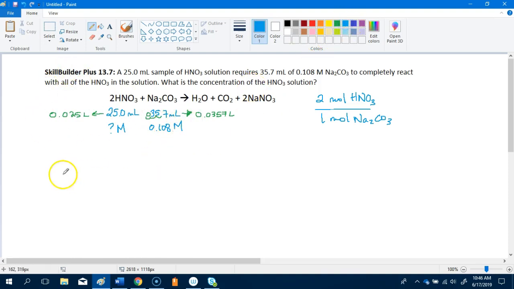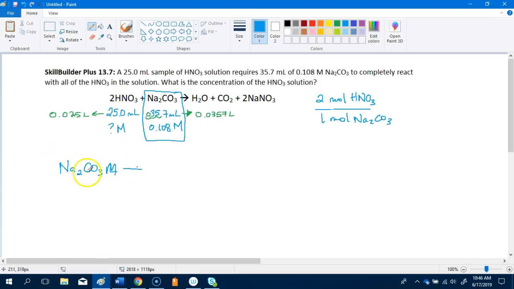Then, just like we did in SBPlus 13.7, this time I'm going to start out with the sodium carbonate because that's what I am given both the molarity and liters for, our volume. We are looking for the molarity of hydrogen nitrate, so our concentration of that.